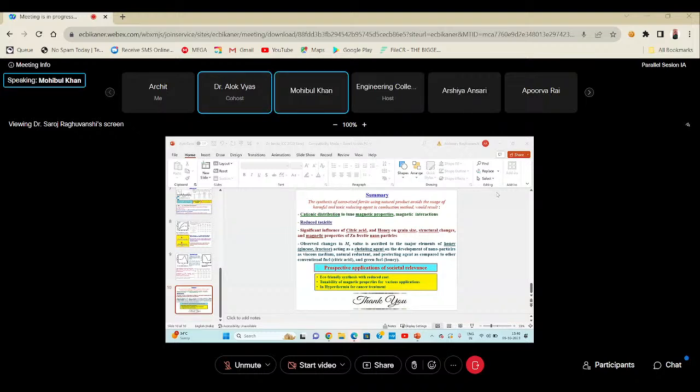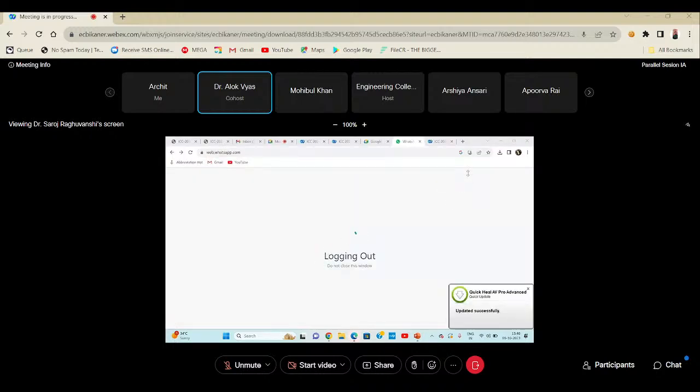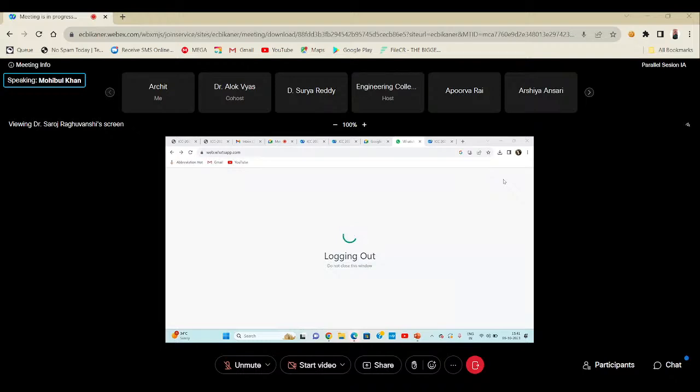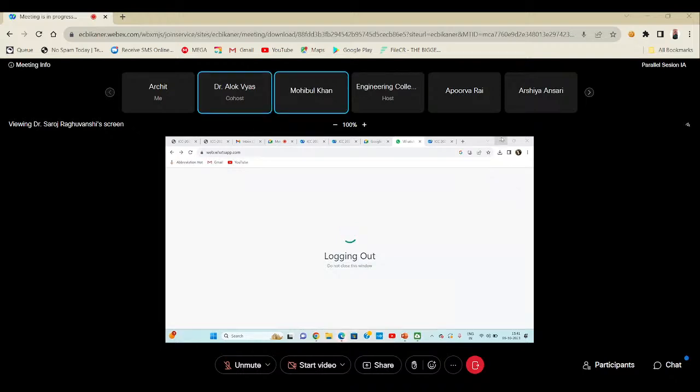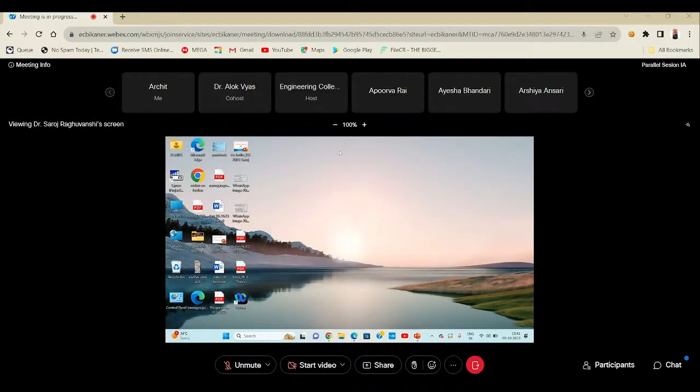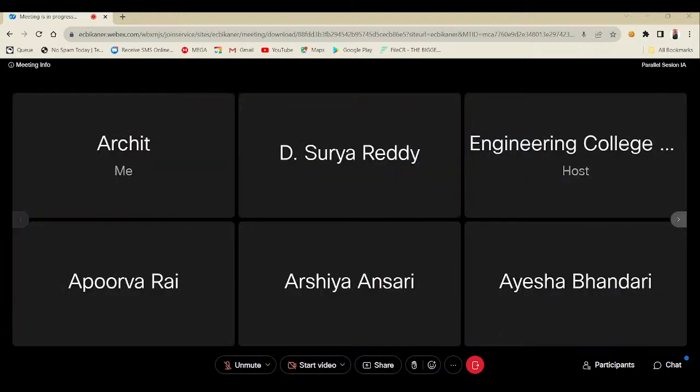B120. Actually, still we are at only A129 now. Sir, can you present? Surya Reddy, what's your number? Sir, C10010, sir. Sir, I want to present my work A10029. Wait, sir. Mohibul Khan, please wait. Wait for this presentation. Surya Reddy, can you just tell me once again your number? Sir, C10010, sir.